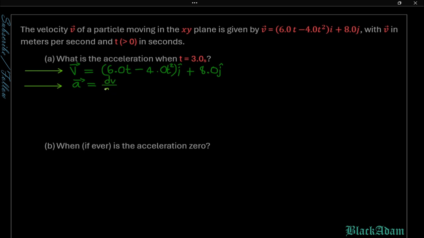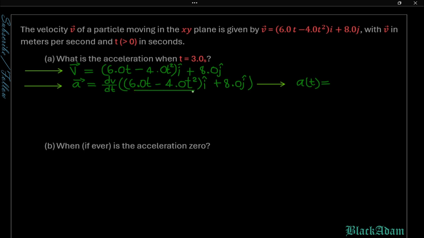The acceleration is the change in velocity over the change in time, so the rate of change of velocity. We differentiate: 6.0 minus 4.0t squared i plus 8j, j representing the vertical velocity.